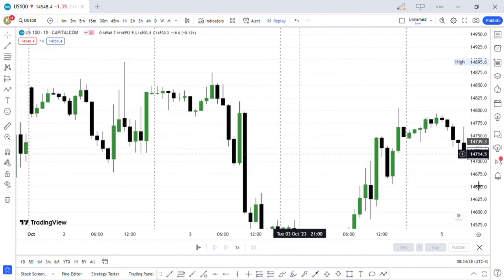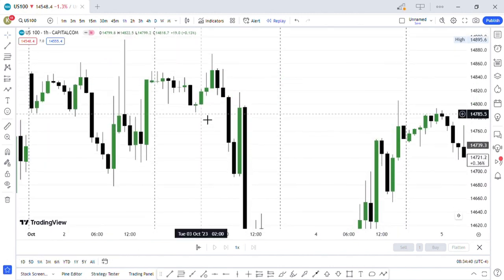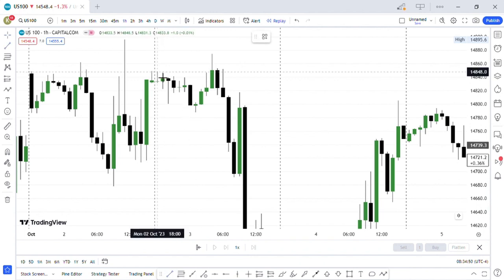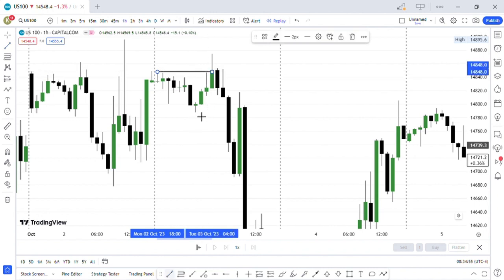For our third example, we're going to use the 1 hour time frame, still on the US 100 Nasdaq. What you can see here is we have this high, and we have this low.